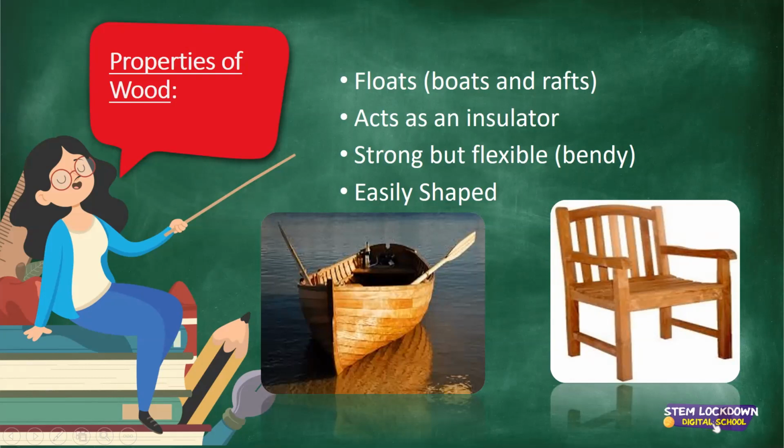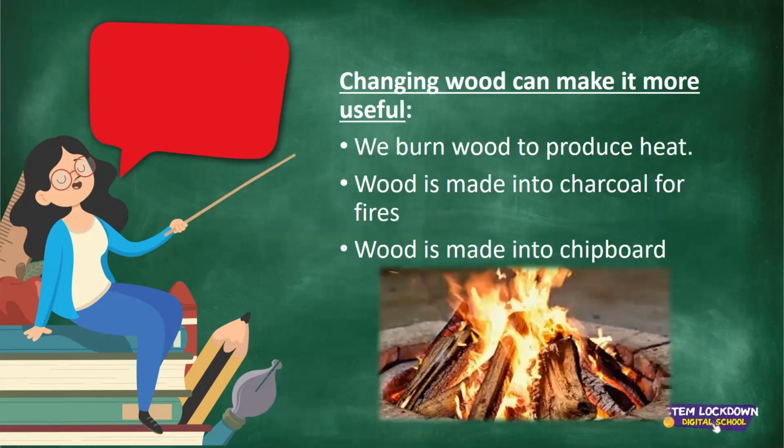Changing wood can make it more useful. What other things can we get from wood? We burn wood to produce heat. Wood is also used to make charcoal. When you are frying nice meat, the charcoal that is used comes from wood.